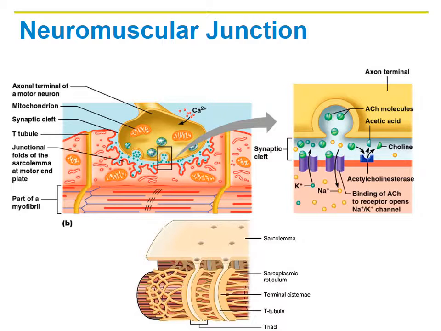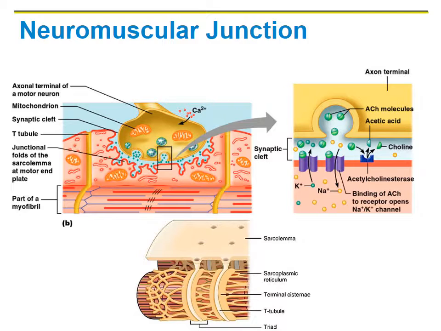This is a synapse. So all the neurophysiology of synapses applies here. When the action potential reaches the synaptic bulb, it will open calcium voltage gated channels. Calcium will rush in and trigger exocytosis of the neurotransmitter.